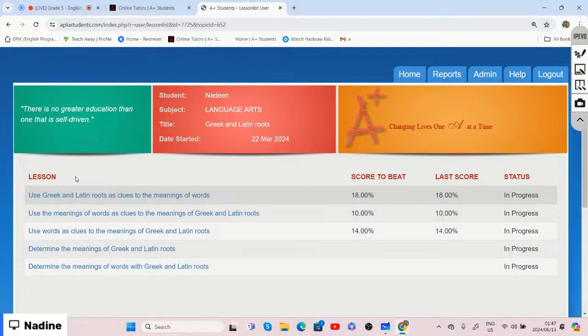We said that Greek and Latin root words have a specific meaning, and all the words that have that specific root within them will have related meanings. So you can work out the meaning around that root based on what the similar words are. All right, so this is the end of our lesson on Greek and Latin roots.